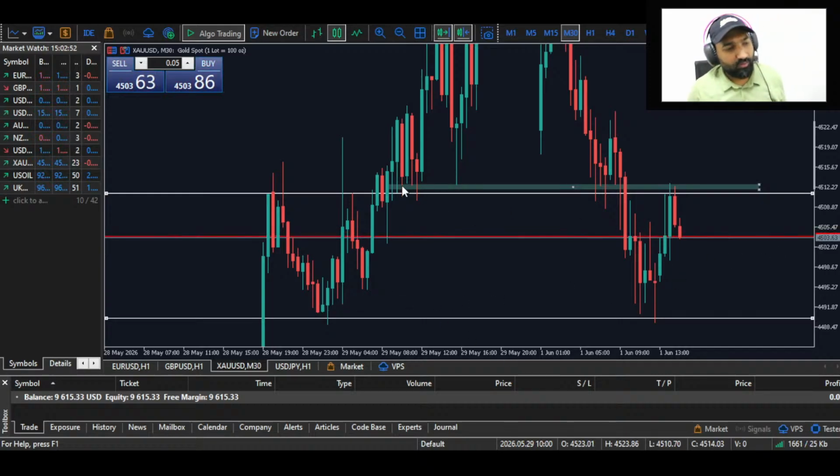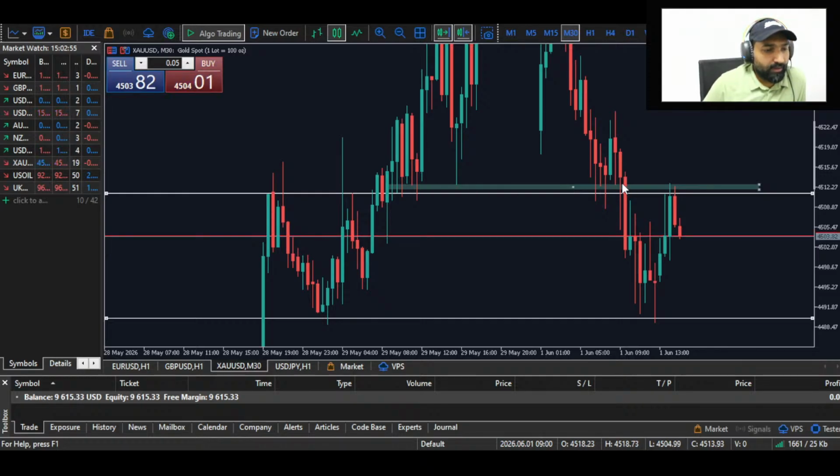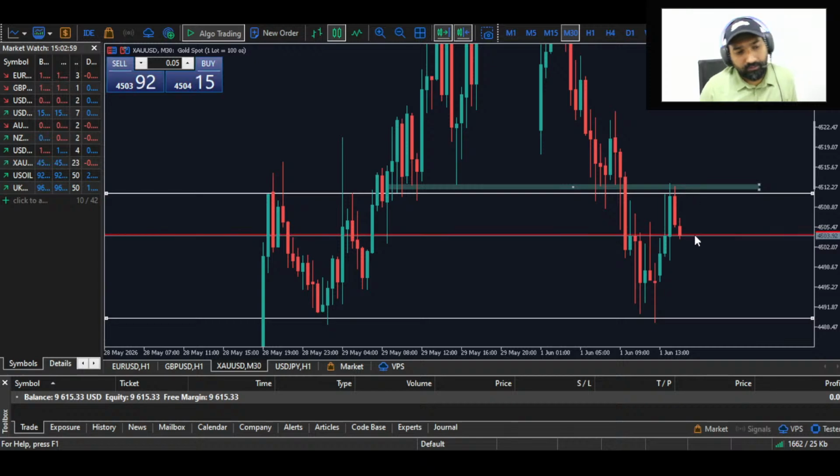You see, this was a support over here. It broke below the support, came back and created resistance. Now it is going down. I think it will go down more.